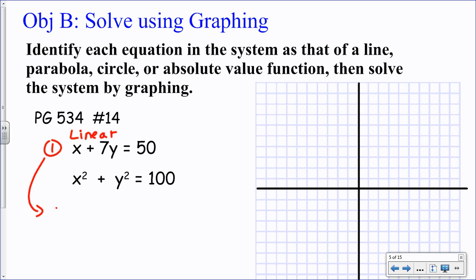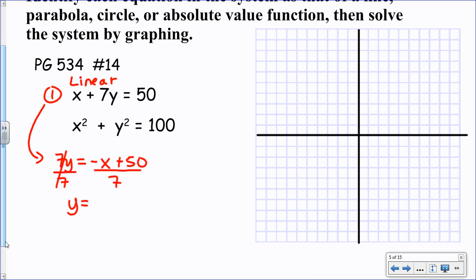So subtract x from both sides and divide by 7. So negative x over 7, that's like a negative 1x over 7. So negative 1/7 x. And then 50 divided by 7 is just 50 over 7.